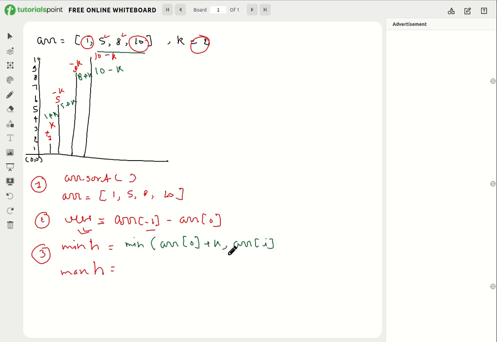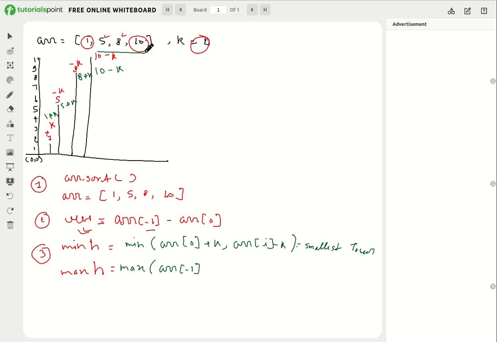Array of i minus k, and from these two numbers we will find the minimum number, that will be the smallest tower, or you can say smallest height of the tower. Then we will find the maximum of array of n minus 1, that is our largest value.